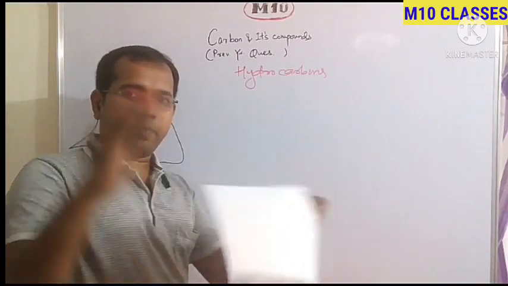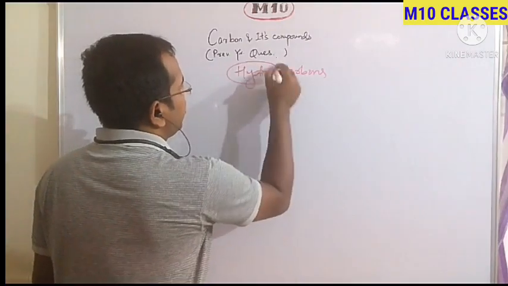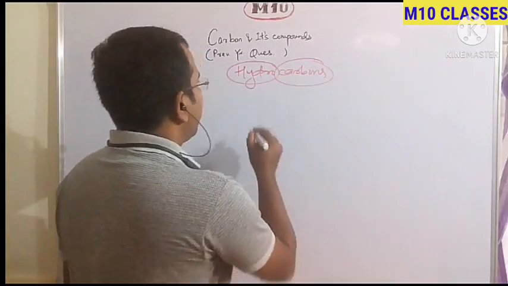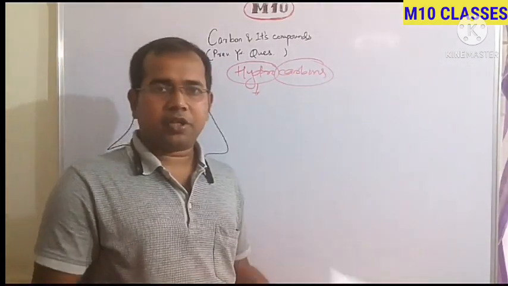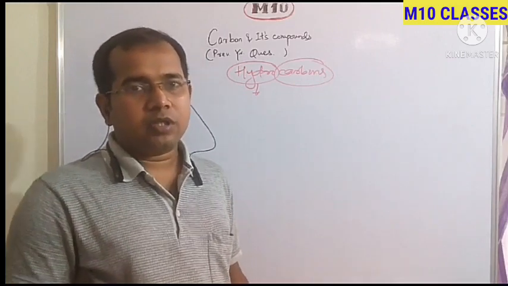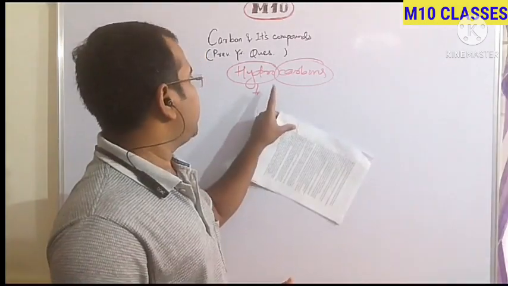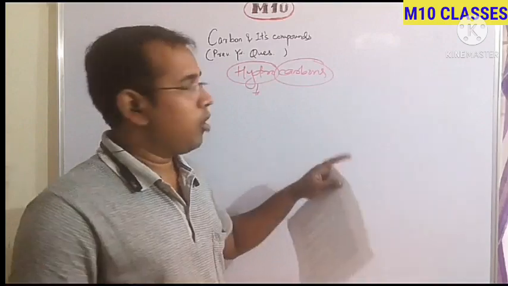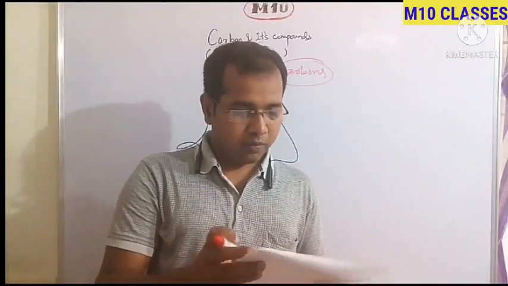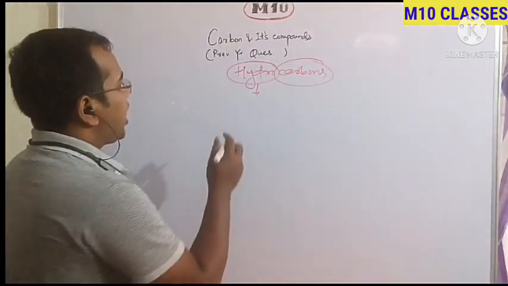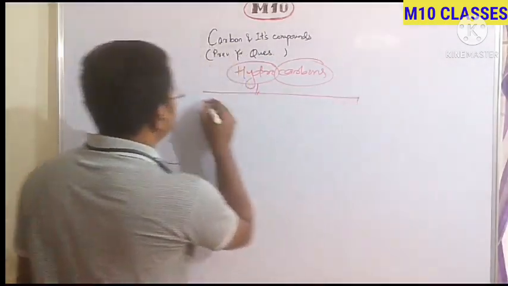If you split it, you will get hydro and carbon. Hydro means hydrogen and carbon means carbon. So the compounds which are formed by the bonding of carbon and hydrogen are normally called hydrocarbons.